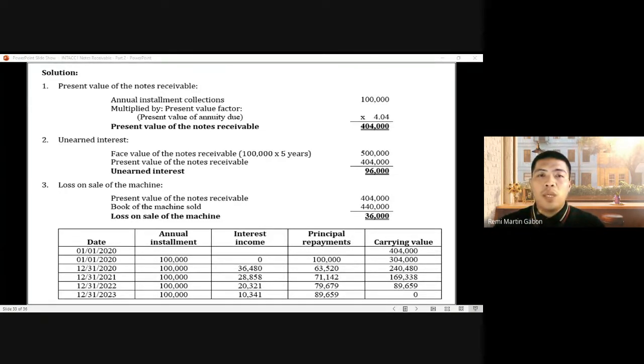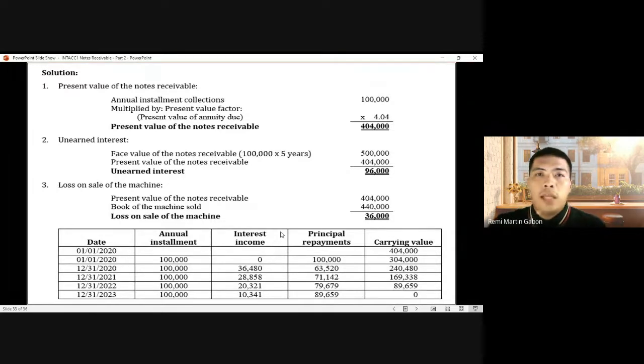But because we need to zero out the carrying value, dapat yung magiging principal repayment natin the same na 89,659. So magkano yung supposed interest income natin or amortization? That should be the difference of the 100,000 and 89,659. So 10,341. Okay?